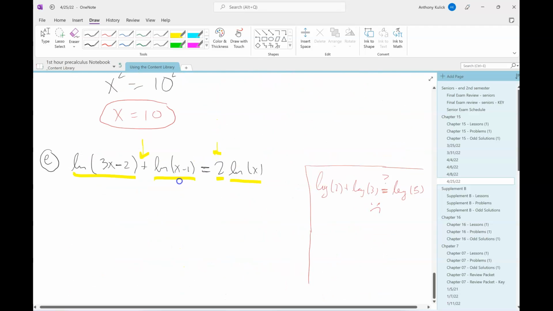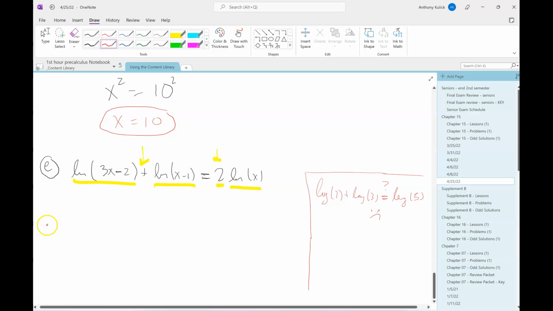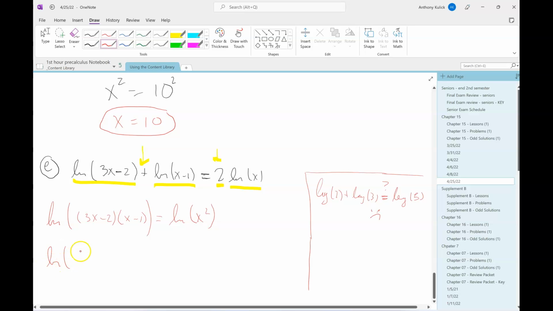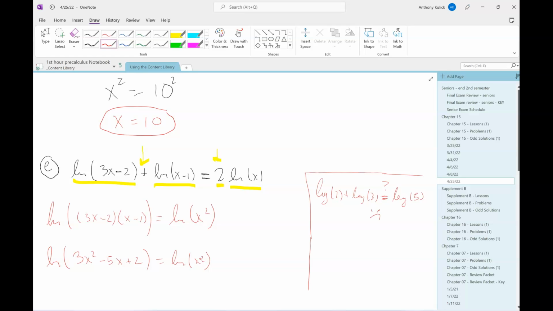Scroll, scroll. So the product property is going to give me this. And the power property gives me that. And just to make our life a little bit simpler, I'm going to go ahead and FOIL that stuff out there on the inside so that there's not a whole soup of parentheses sitting in there.